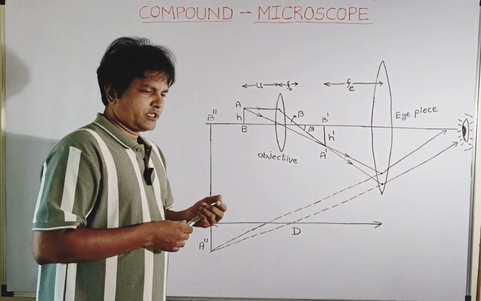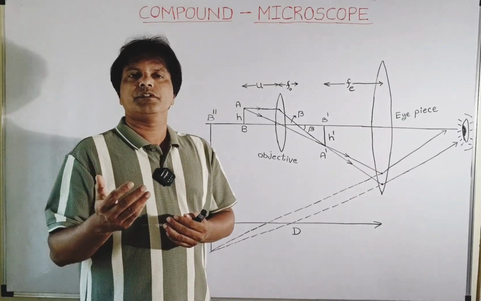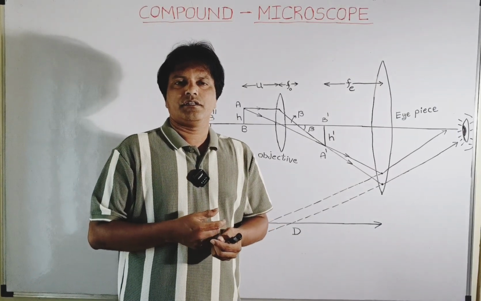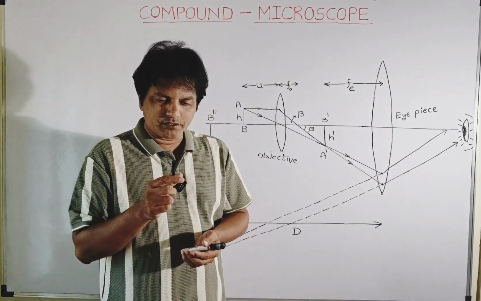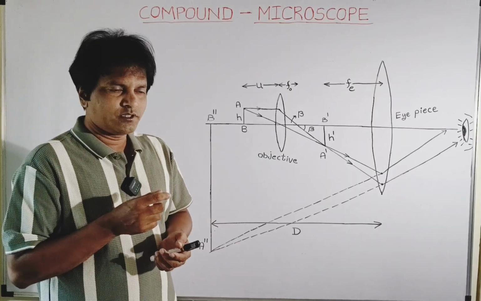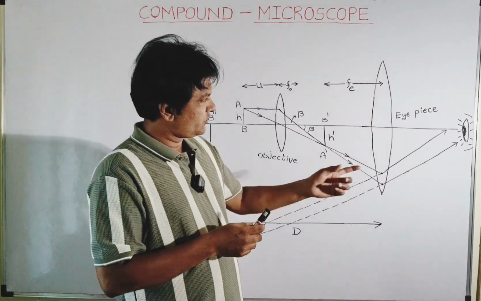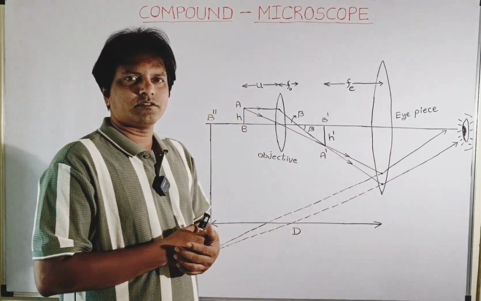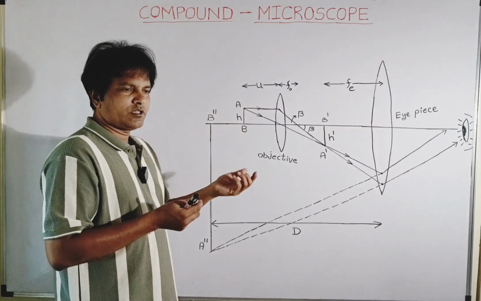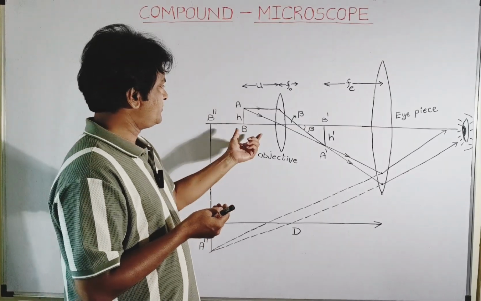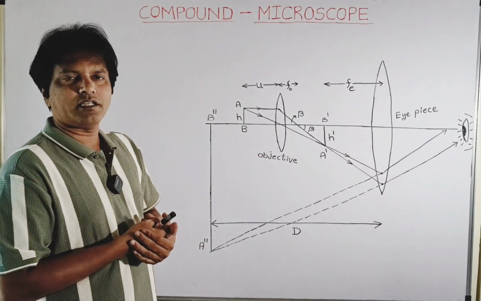In some clinical laboratories, they actually view microorganisms through a microscope. The lens nearer to the eye is called the eyepiece, and the lens nearer to the object is called the objective lens.